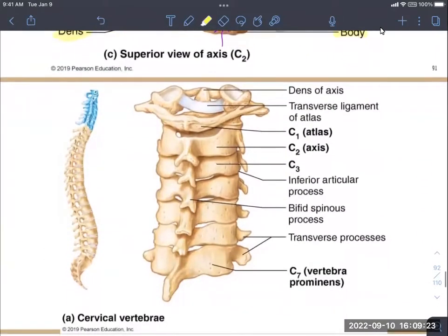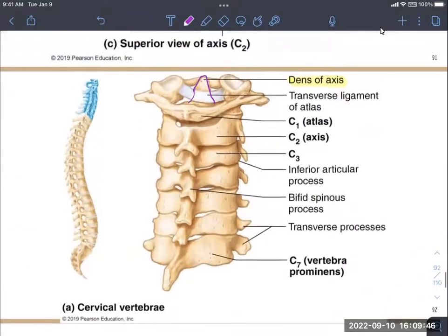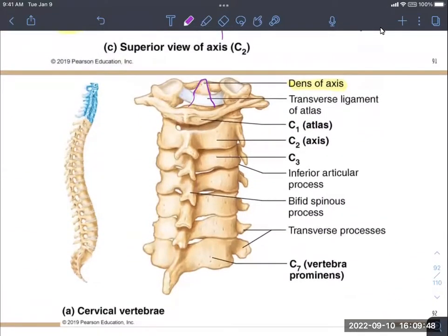But as you can see, here's the dens of the axis that comes up and it attaches and it articulates with that facet of the dens of C1. That allows us to turn our head left and right. And then we have the rest of the cervical vertebrae that all have pretty similar features.